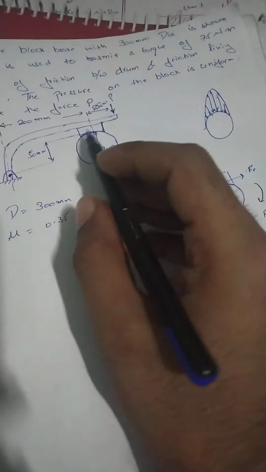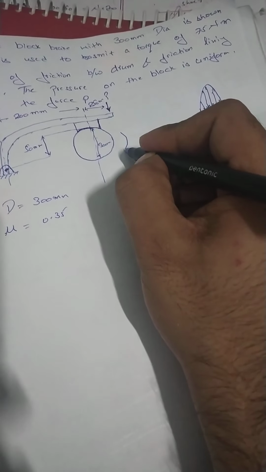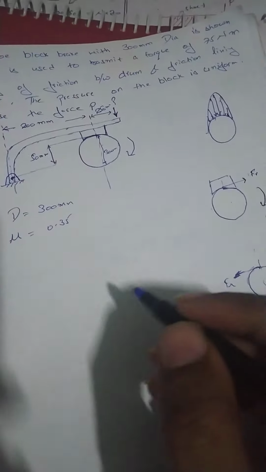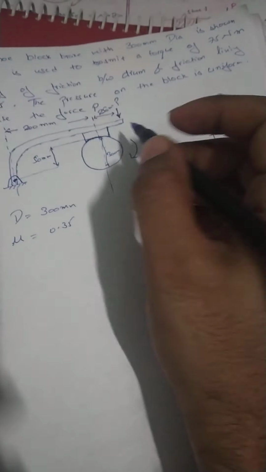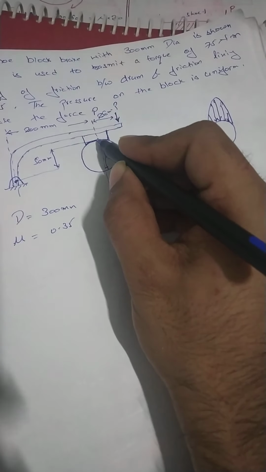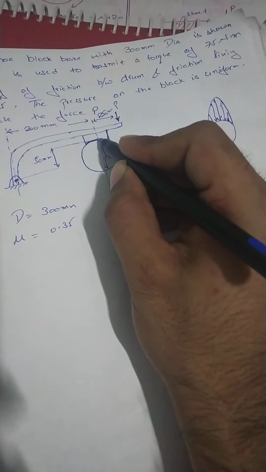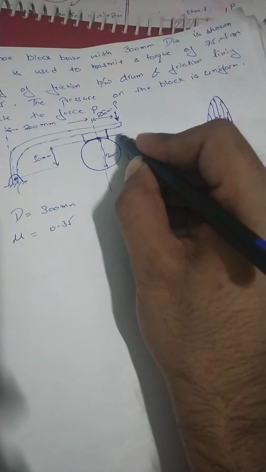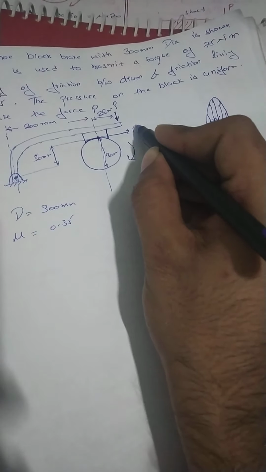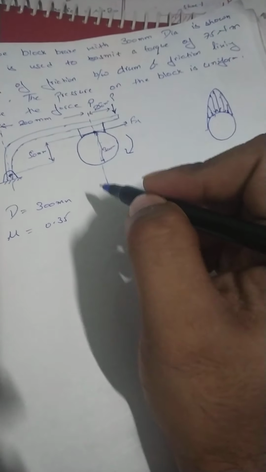Here I am taking the shoe portion. Suppose this drum is rotating clockwise, so the resisting force on the side of the block shoe will be Fr in the same direction.